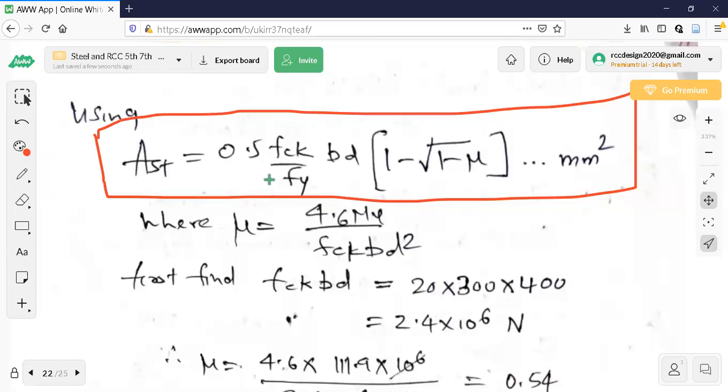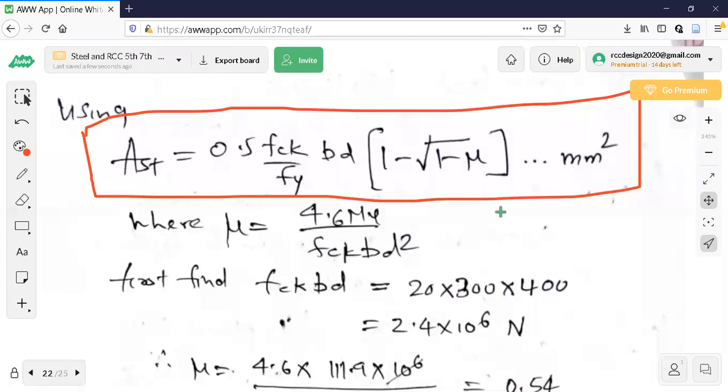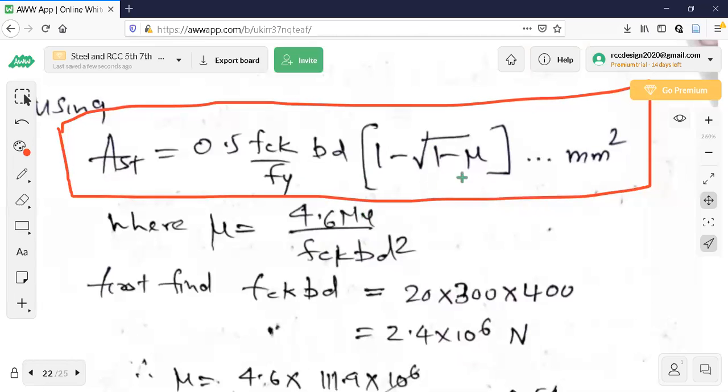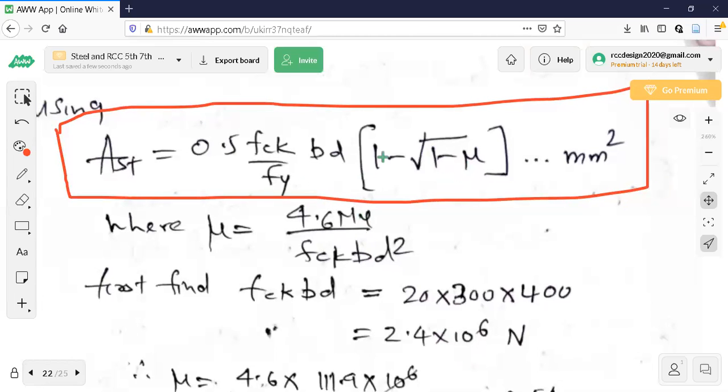Now, what is this? 0.5 FCK by Fy. In this problem, it is 20 by 415 B into D, 300 into 400, 1 minus square root of 1 minus mu. What I have done is I will calculate mu first in this formula.